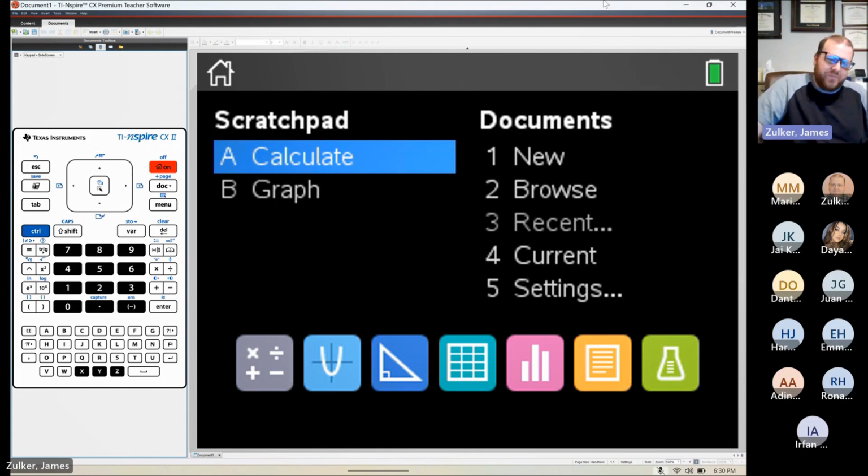Right? You have Scratchpad. You also have documents. So this calculator can actually save a calculator screen. It's called a document. Useful if you're doing like a test and you want to save your calculations. I typically just use the Scratchpad.